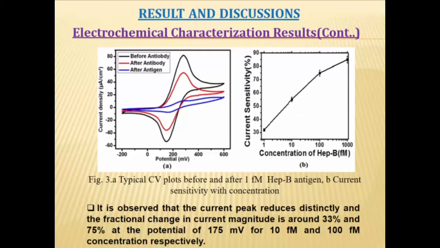This is without treatment, the bare electrode, and after antibody it becomes like this, and after treatment with antigen, it reduces further. We observed that the reduction in current is 33% at 175 millivolt for 10 femtomolar hepatitis B solution, whereas if we increase the concentration of the hepatitis B antibody, the current reduction is 75%. We have made a calibration curve also here.